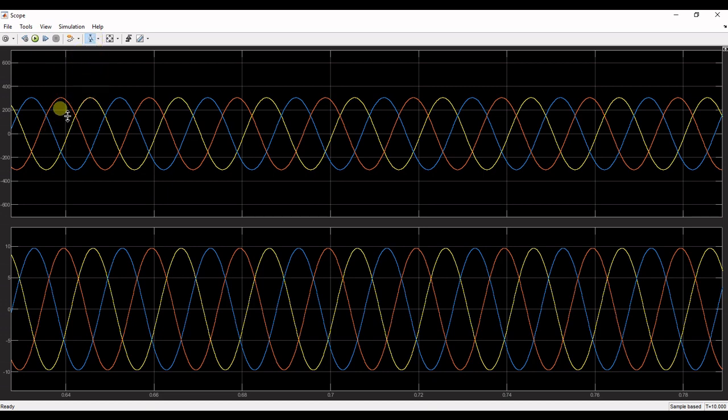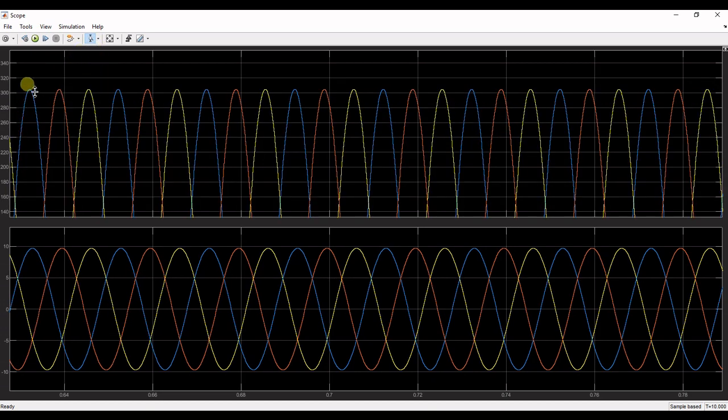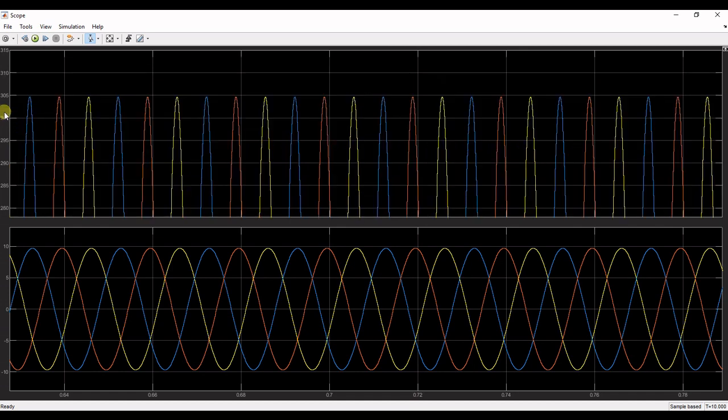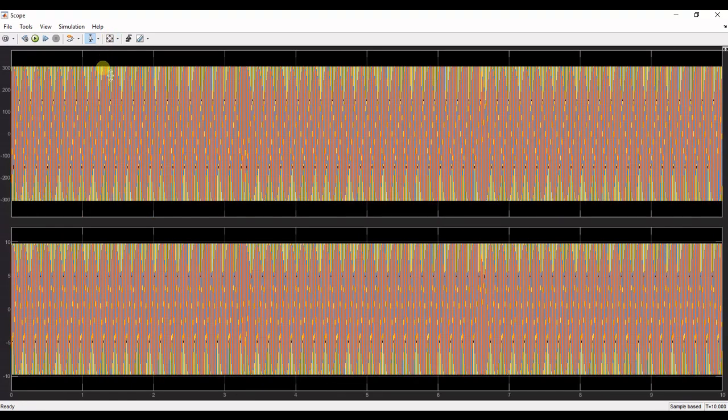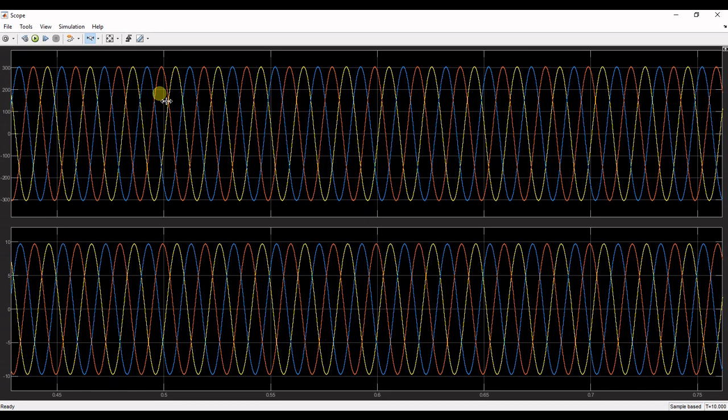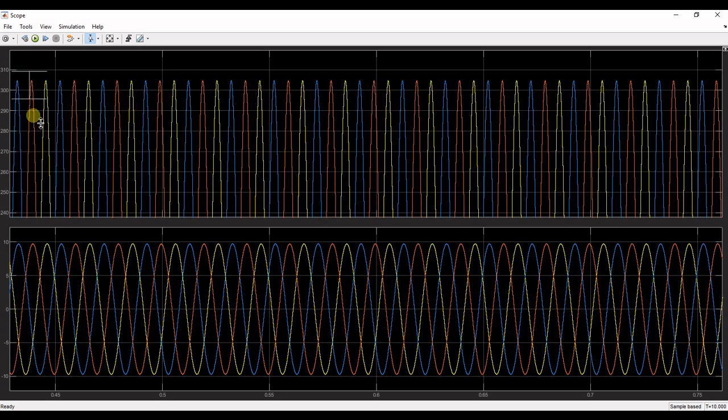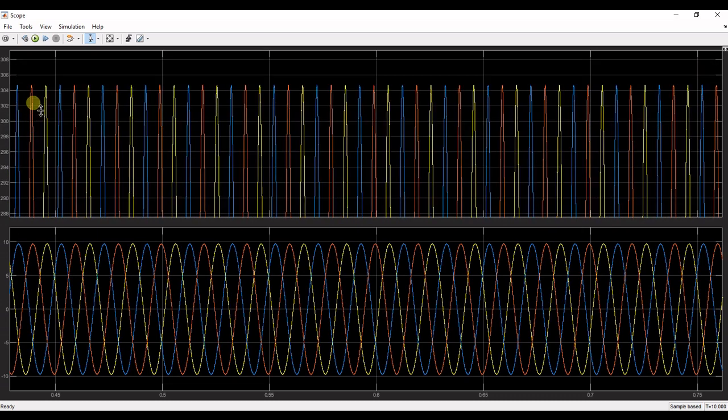The waveform has now a 305 volt peak value. We have set the phase-to-phase value of 400 VRMS, and the peak is now coming to be around 305. So we will see how it is coming.